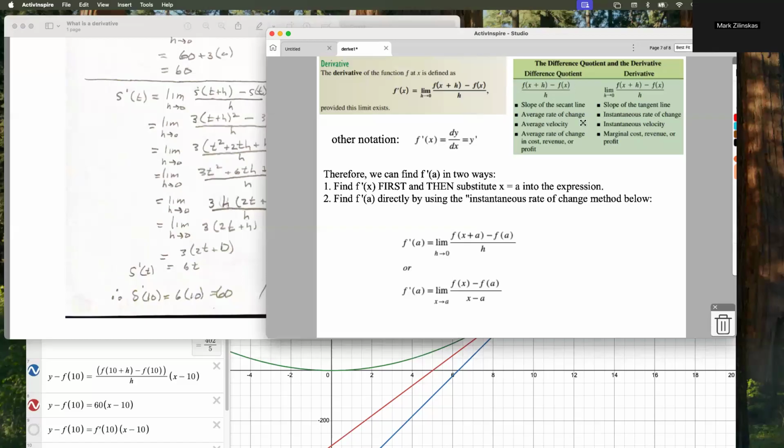And all this box over here gets into is just summarizing that this represents the secant. As soon as I take the limit, that is the tangent. And the tangent, again, has a special name, which we call the derivative, right? So that's that. Tried to keep that as short as I could.